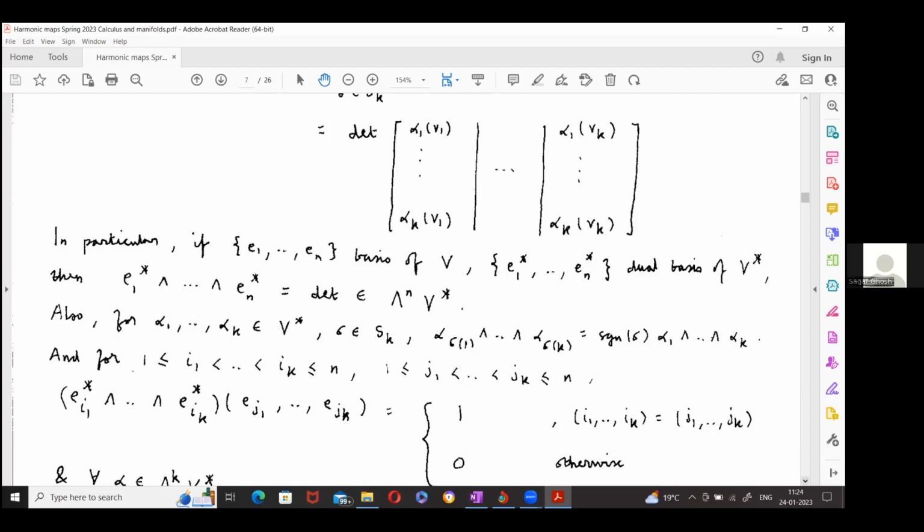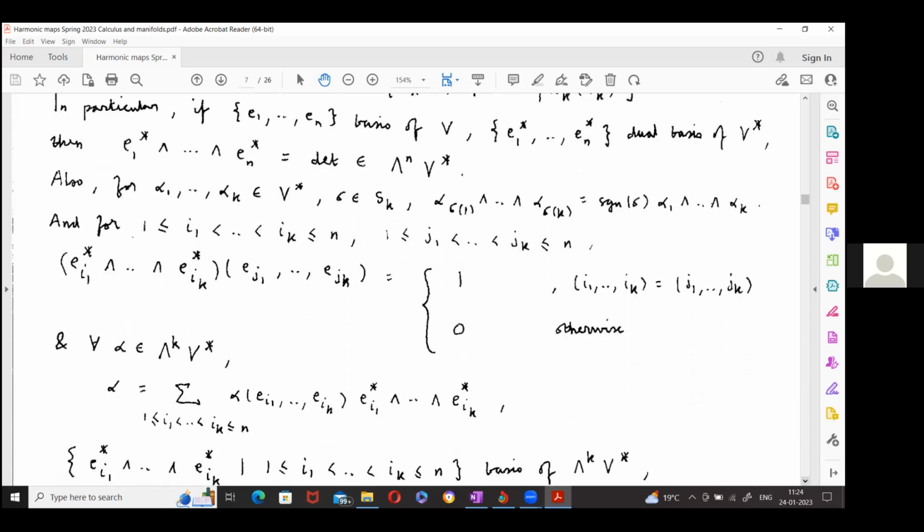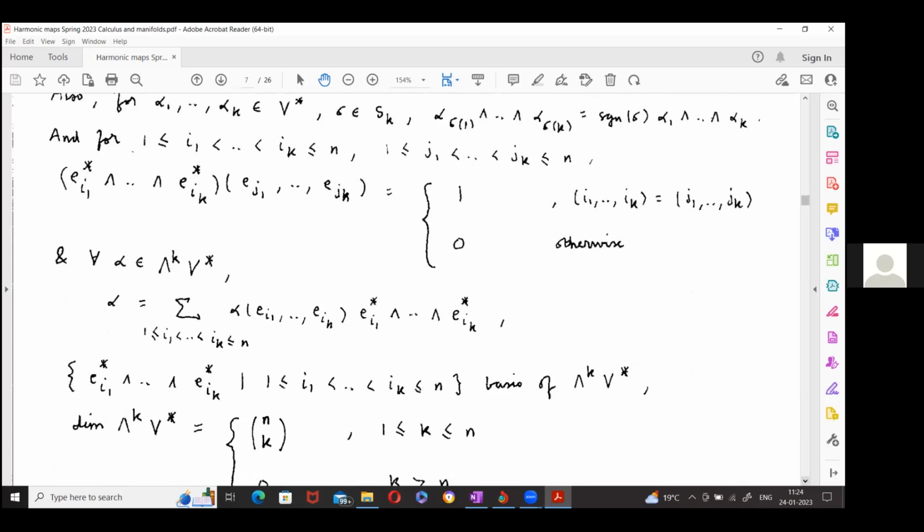Fine. So once you know this, it's easy to see, like we proved when we were doing a basis for the space of k multilinear functions, that these Ei1 star wedge up to Eik star, where the I1 to Ik are in increasing order, form a basis for the space of alternating k multilinear functions.